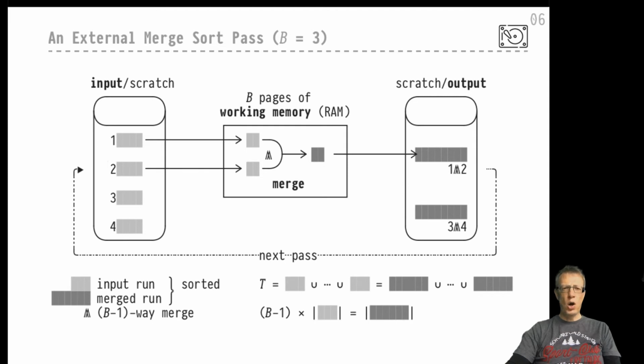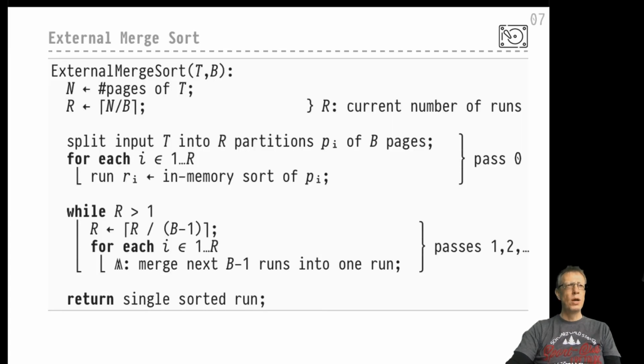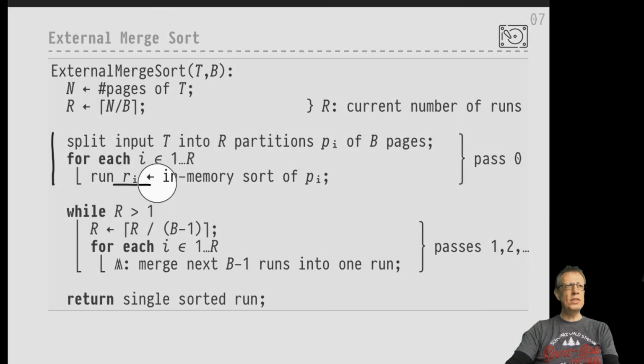So this is how we see the entire process, by just performing in-memory sorts on very small partitions that are never larger than B pages in our working buffer. What we end up with are these runs Ri. And how many of these? Well, capital R many of these.